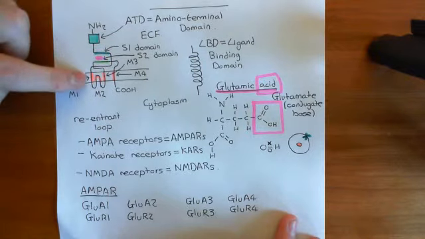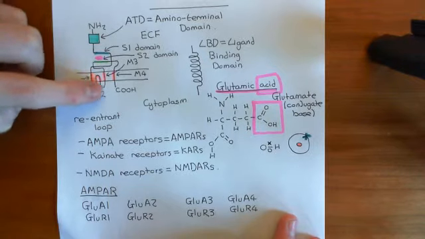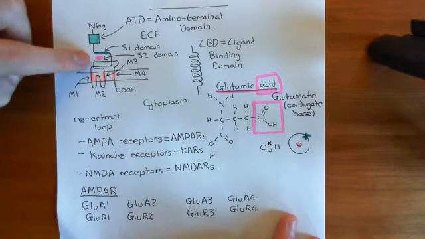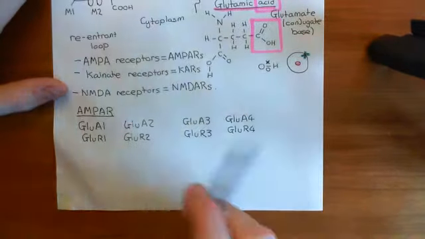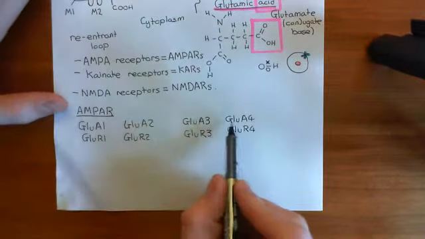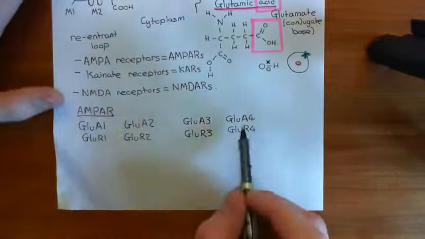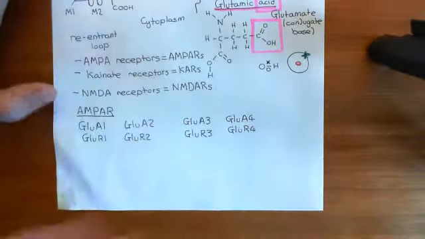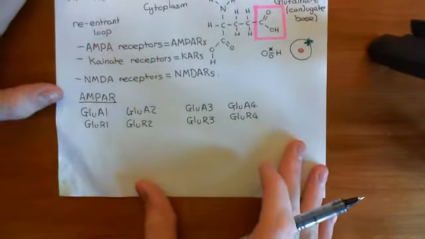Then we'll have the M1 domain, then the reentrant loop, which is M2, then M3, then S2, and then M4. All of them will have slightly different sequences of amino acids. So although they have this same core structure, they aren't identical. They are different proteins fundamentally, but they can all be used to make a quarter of an AMPA receptor.